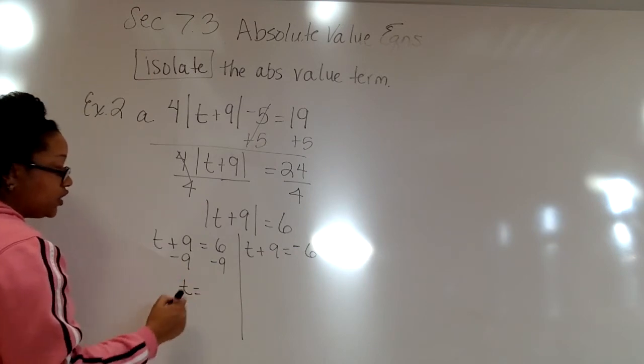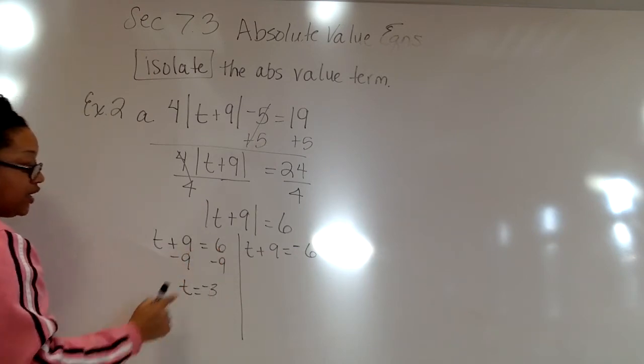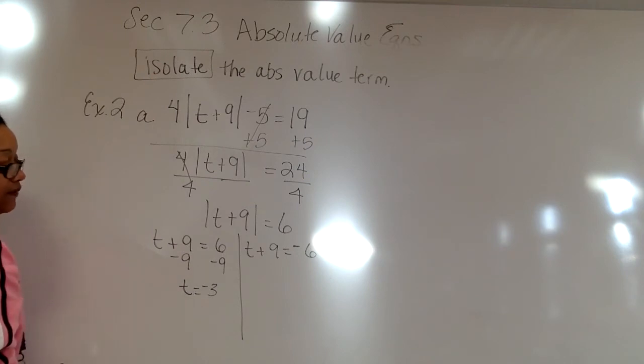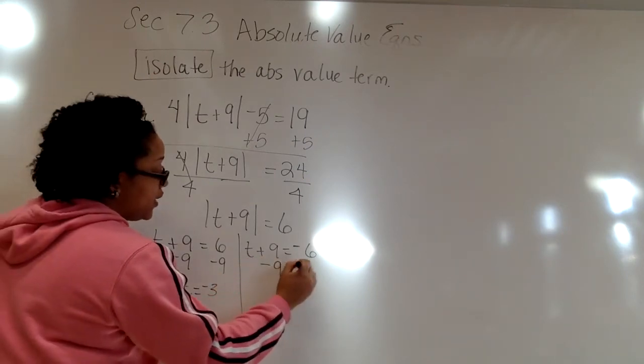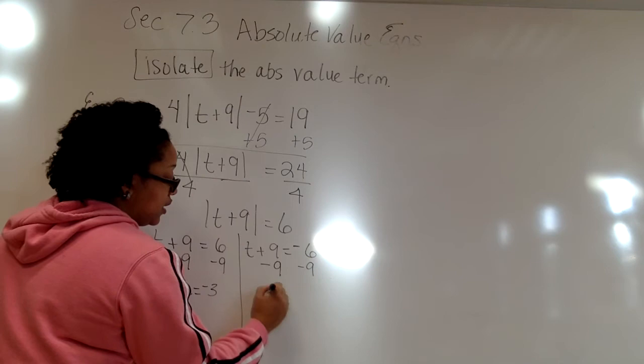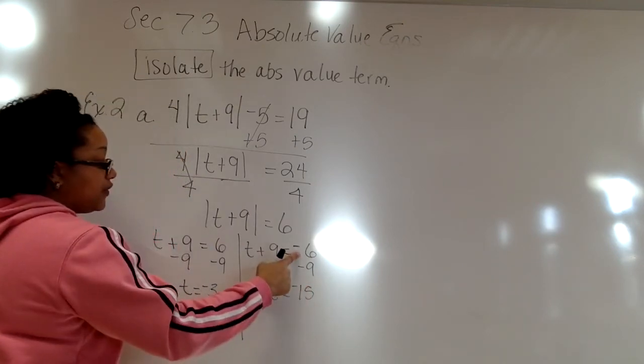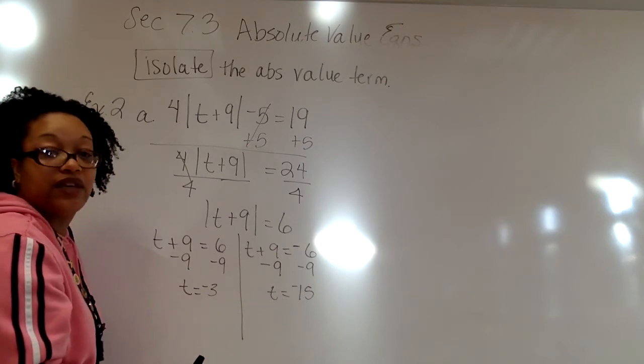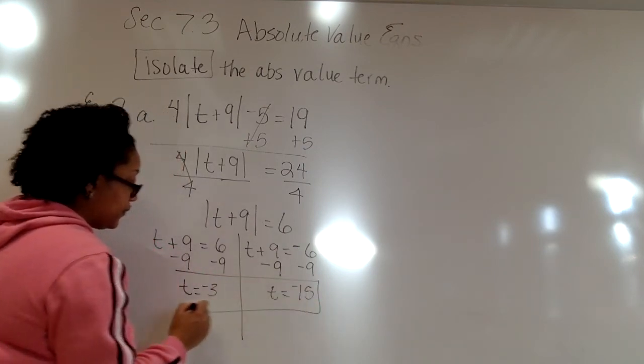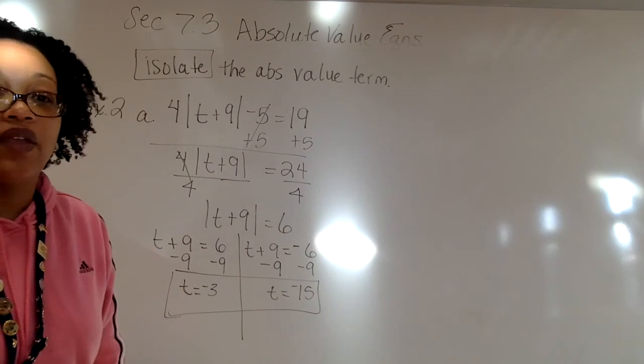Your first solution, t equals negative 3. 6 minus 9 is negative 3. Then I still got to do the same thing to my other equation, but this time t is negative 15. Negative 6 minus 9 is negative 15. So that's your solution. Okay?